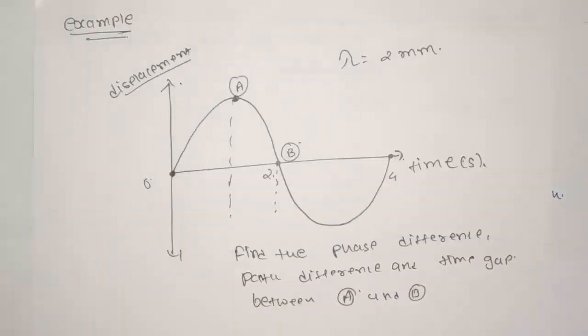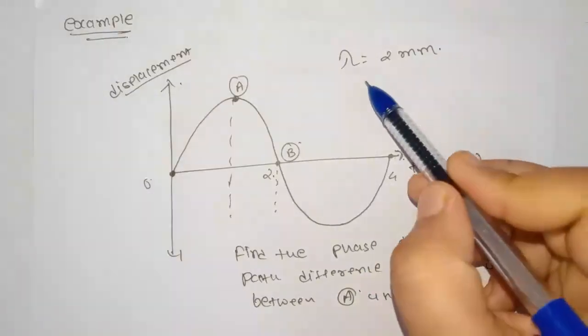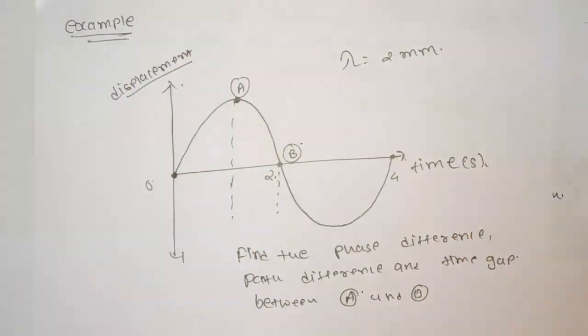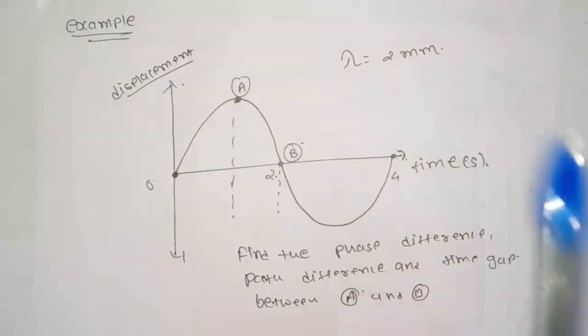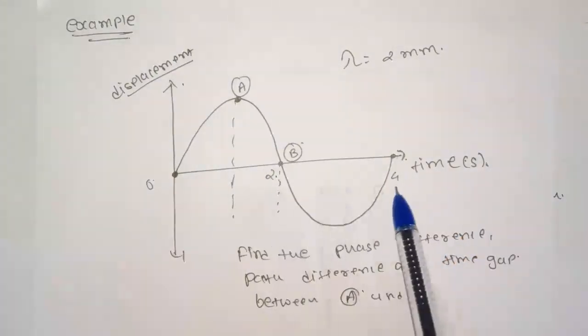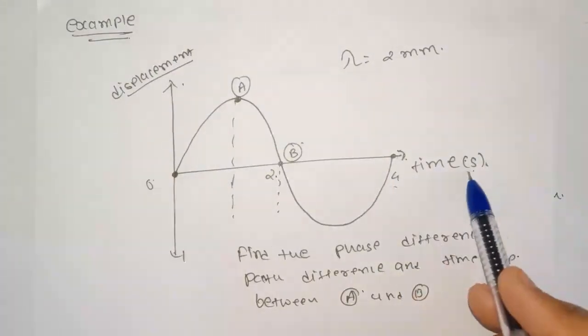Now let us see one example. In this, a graph of displacement versus time is given for a wave having wavelength 2 mm. The time period from this we can see is 4 seconds.